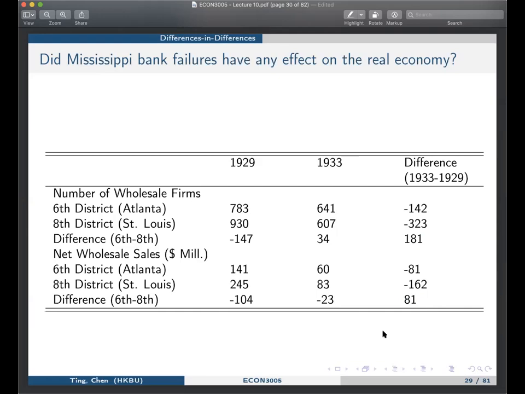This paper studied the Mississippi banking crisis, and was actually published in 2008 or 2009. So now, more or less, we have a consensus that during a financial crisis, the central bank should act actively to save the economy, not only the financial or banking industry, because it will have huge effects on the real economy.